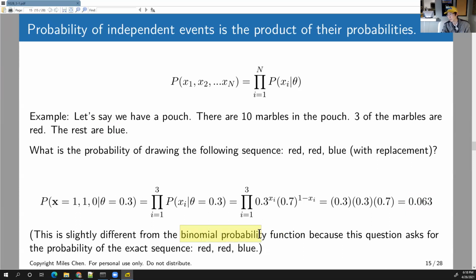The binomial probability mass function includes an n choose x, in this case 3 choose 1, and that would be 3 times bigger than this. But here we ask for this exact sequence versus the probability of getting 2 red and 1 blue in any order.